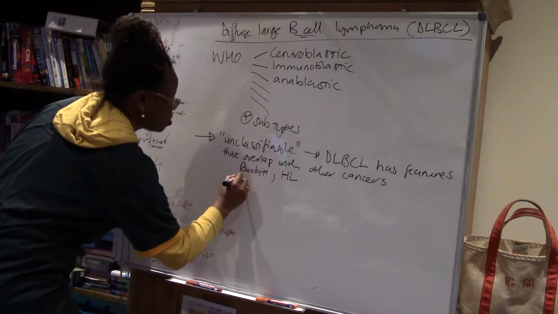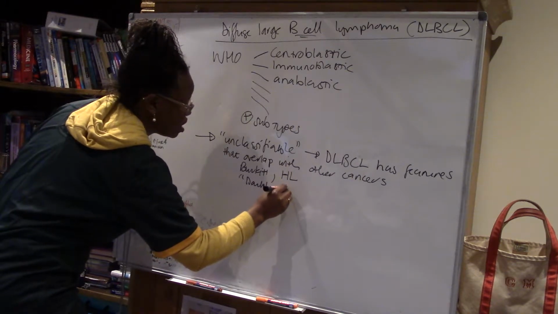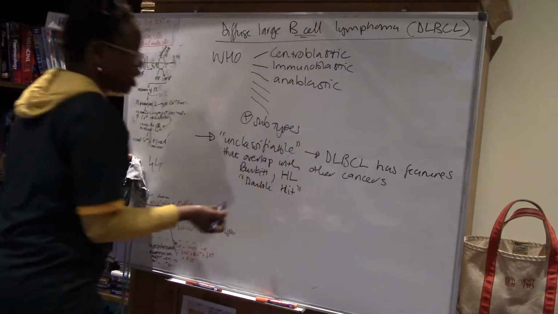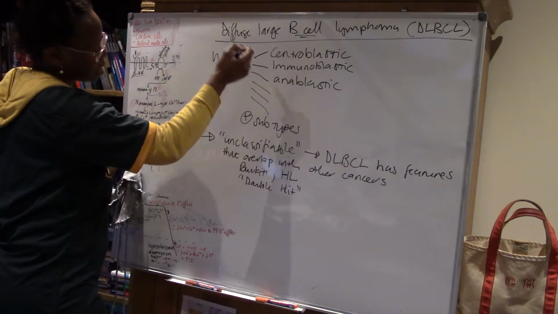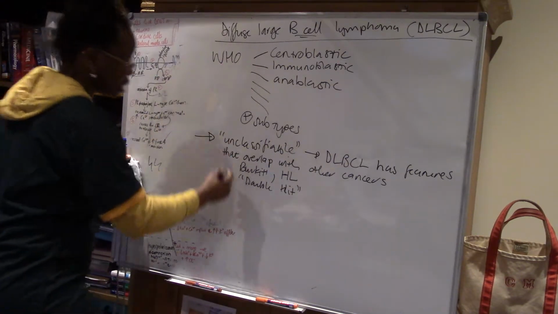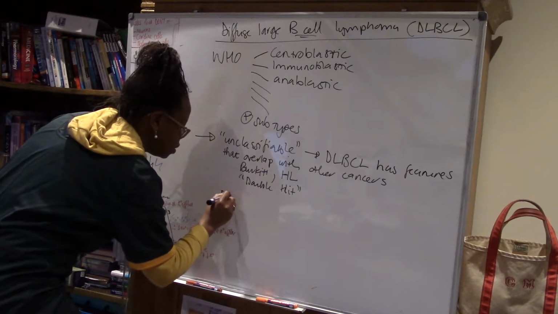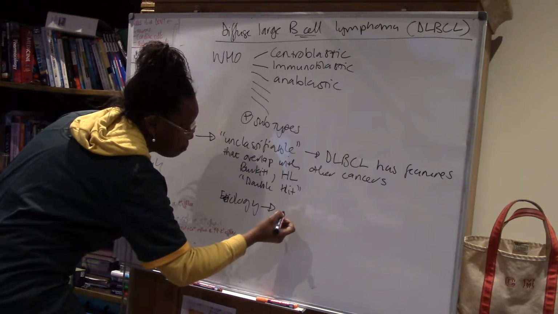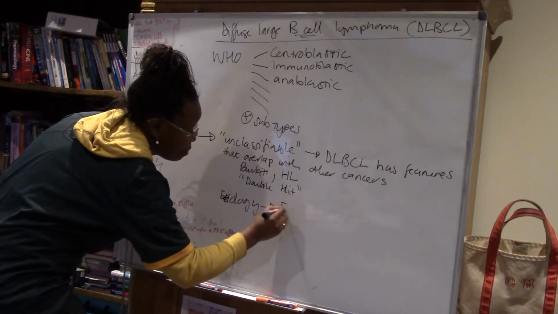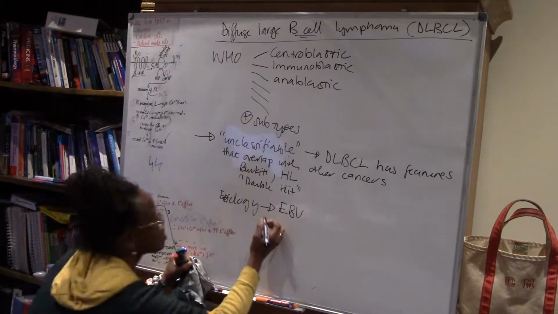These are actually called double hits, because it ends up being two cancers in one, and its pathogenesis, its etiology, is again based on EBV, but it can arise from other cancers.